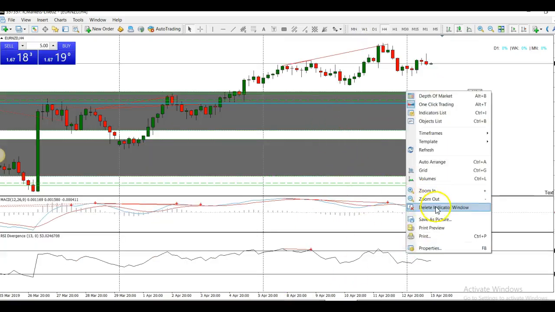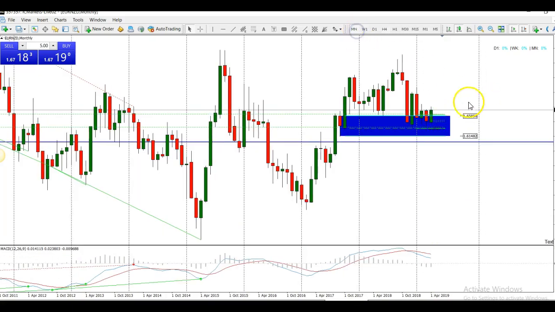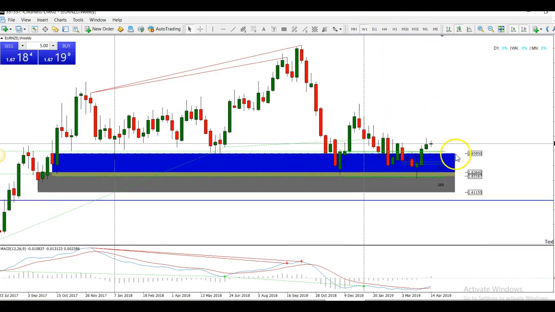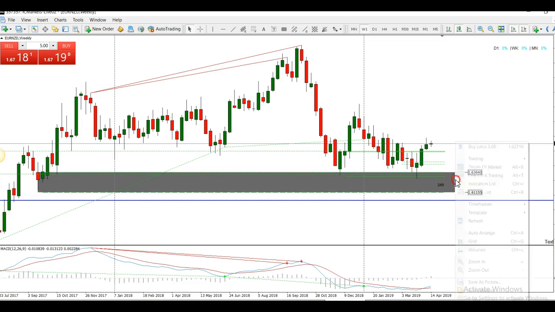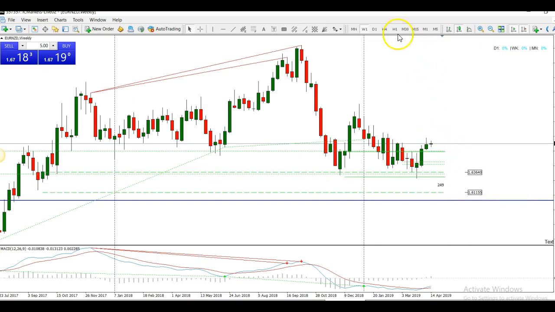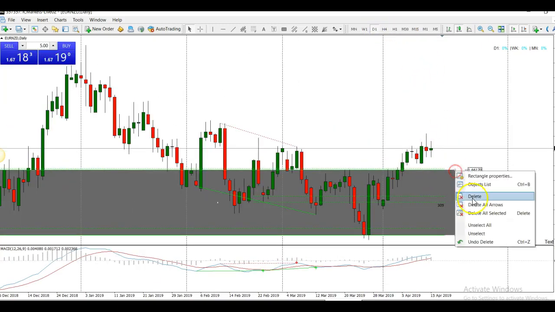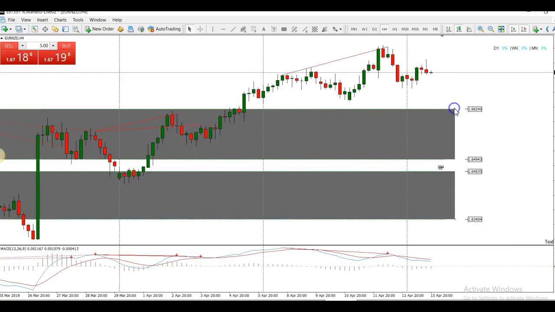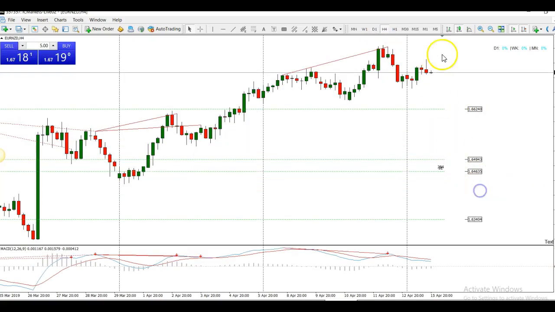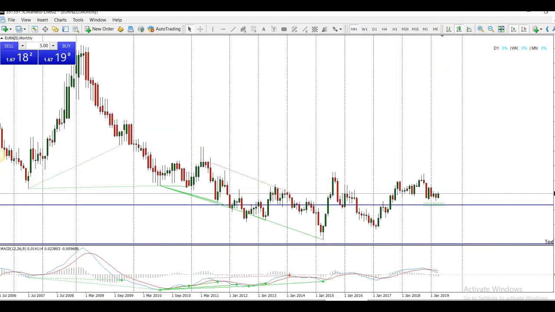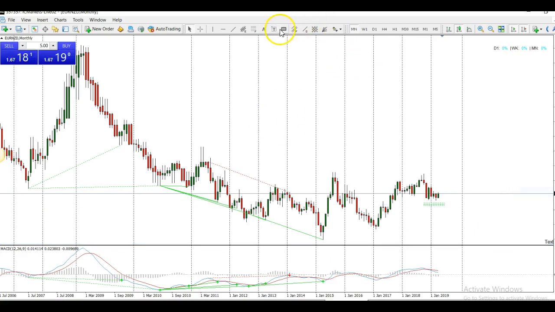Euro Kiwi. Just move these so I can identify the zones for you also. Okay, so monthly area here, and actually here.